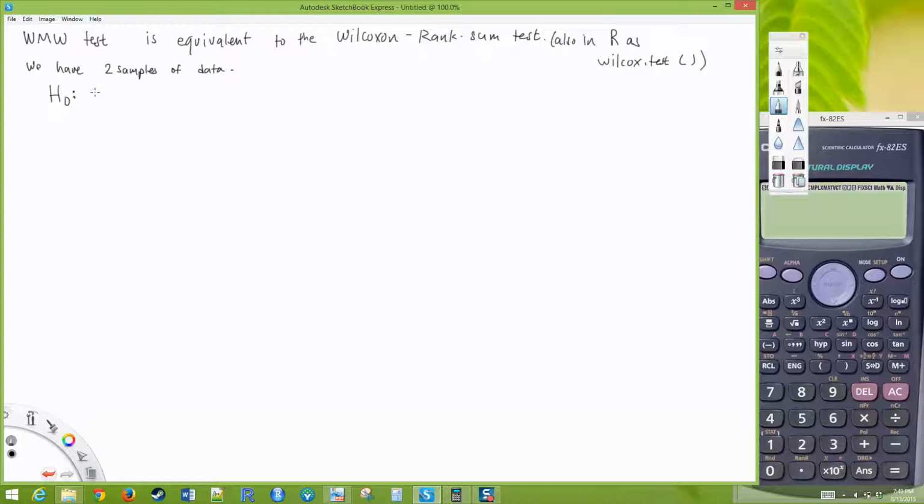The null hypothesis is that the population distribution for group 1 is the same as the population distribution for group 2.